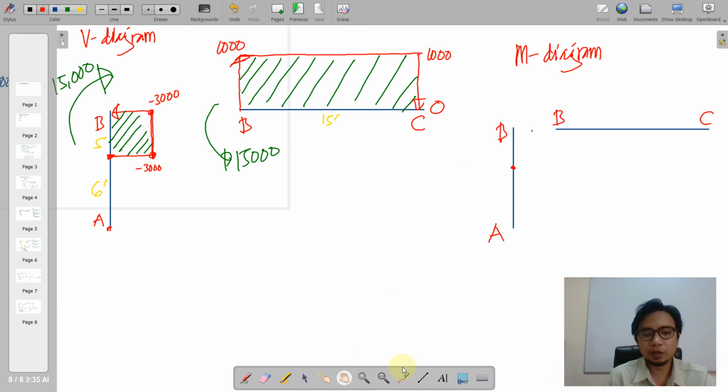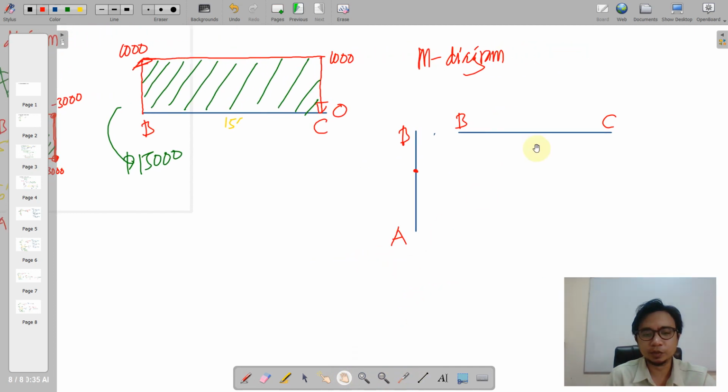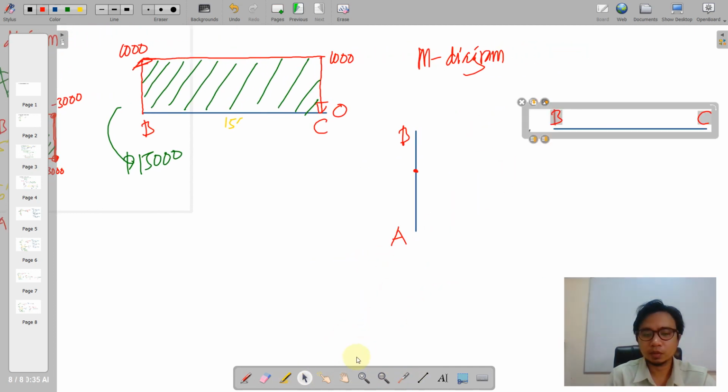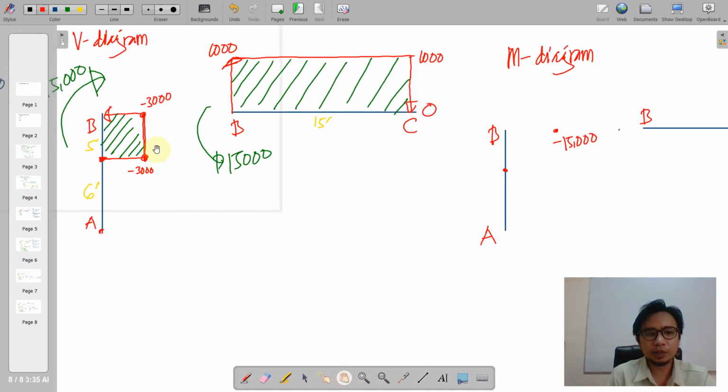So we place that inwards because that is negative 15,000. And the connector, as we can see, this is a flat or vertical line, so it will just be a first degree curve, or that is a straight line. And then 15,000 will close to 0 because of this 15,000 here.